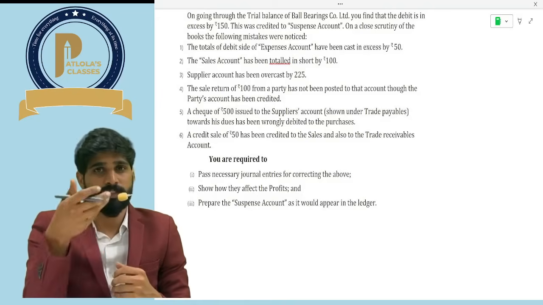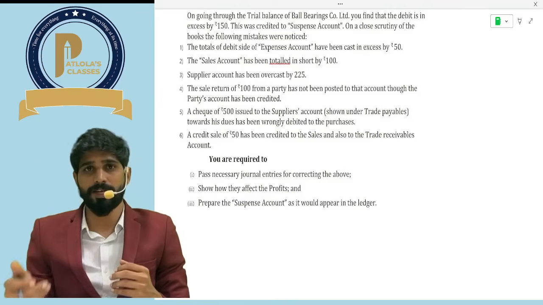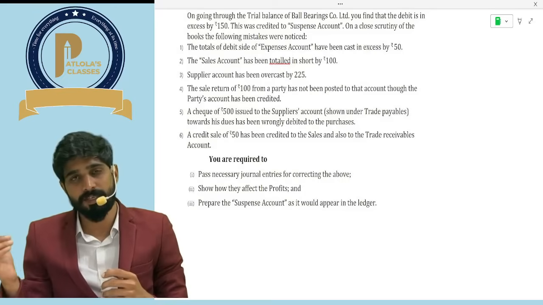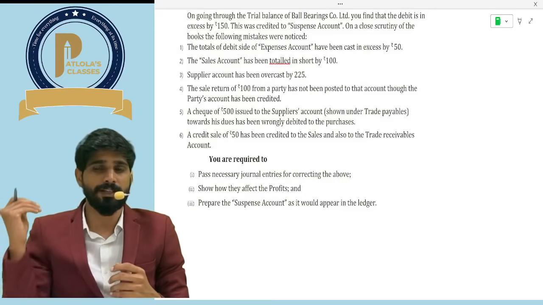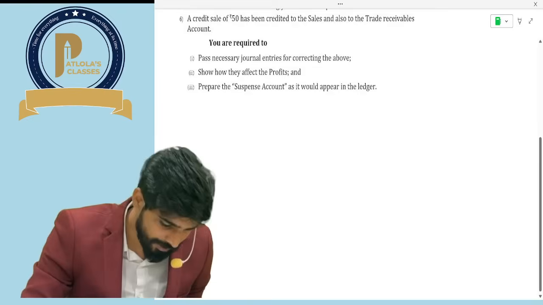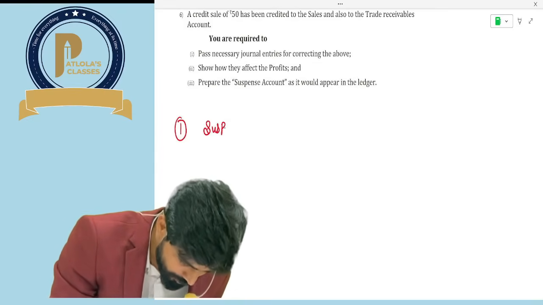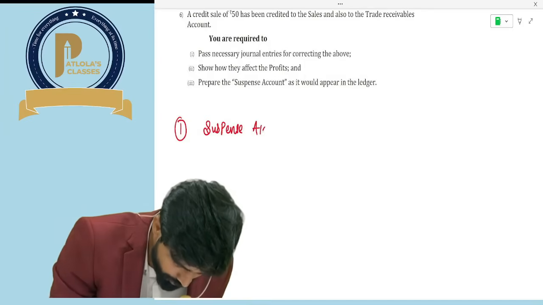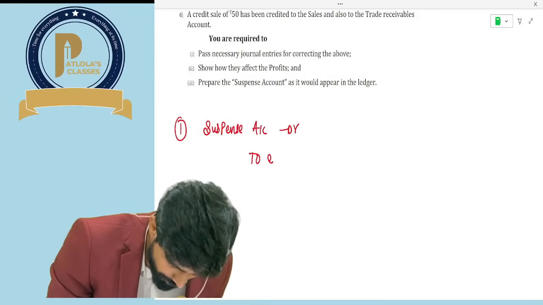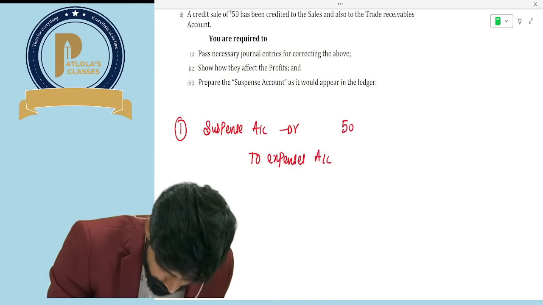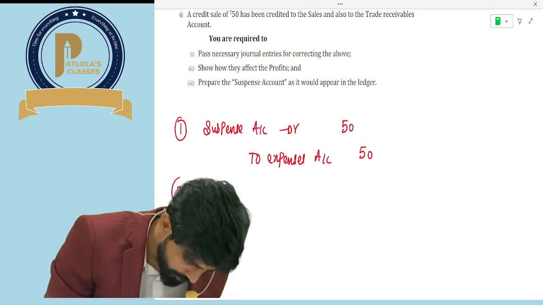Since you have taken expenses more, in order to reduce that, expenses has to be credited, and we know suspense is having a credit balance. In order to cancel that, we need to debit. So the first rectification entry will be suspense account debit to expenses account. How much? 50.